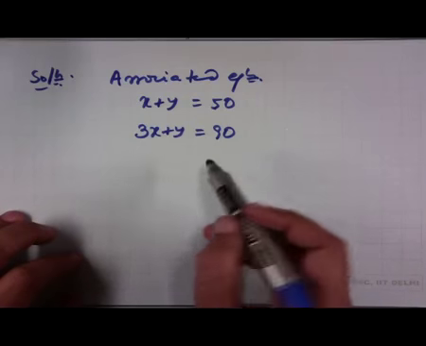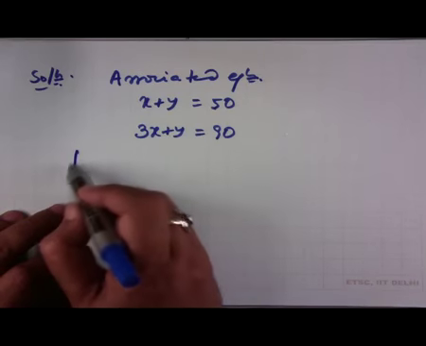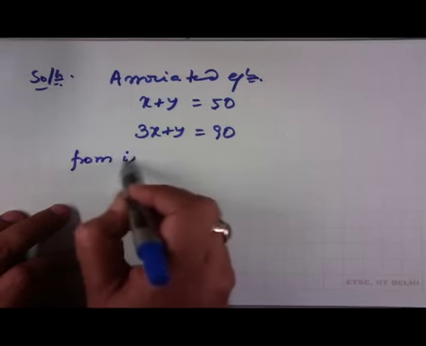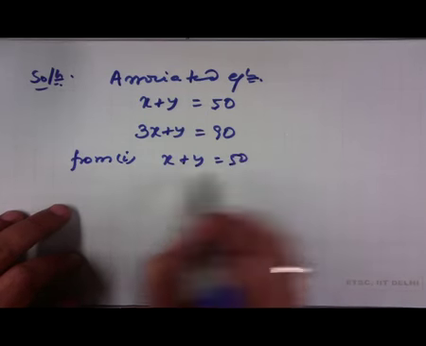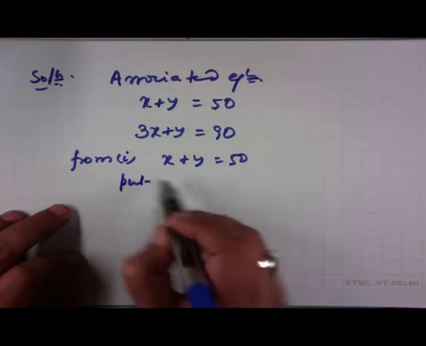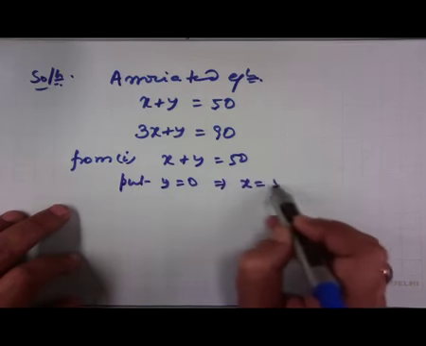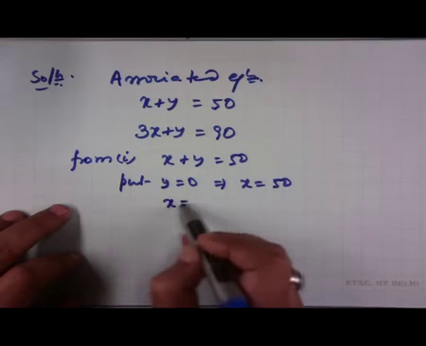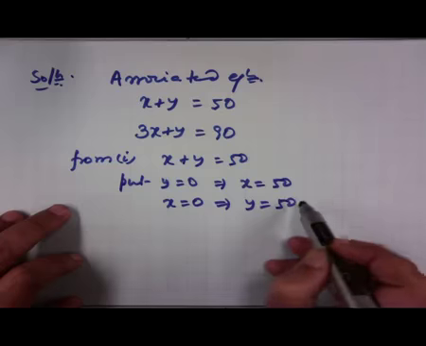From 1, x plus y equal to 50, put y equal to 0, implies x equal to 50, x equal to 0 implies y equal to 50.